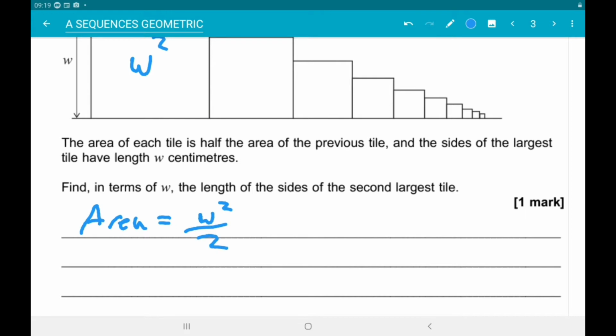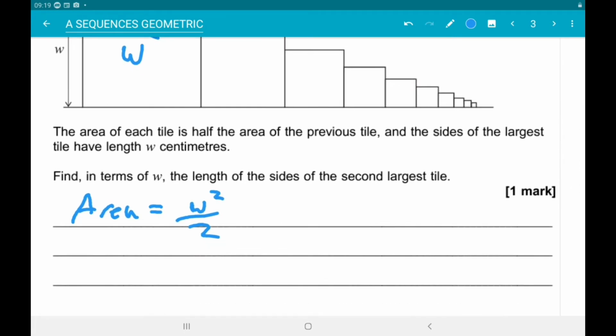Now the side length is the square root of that. So the side length is the square root of W squared over 2. So that's W over root 2.